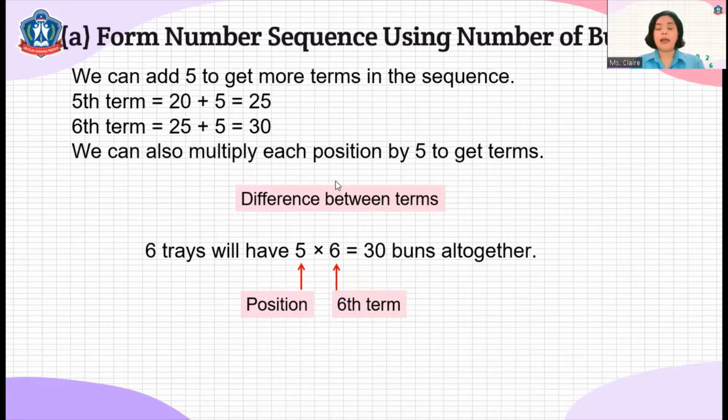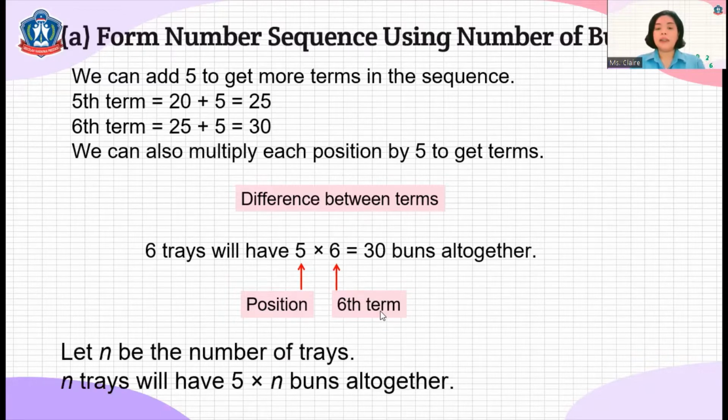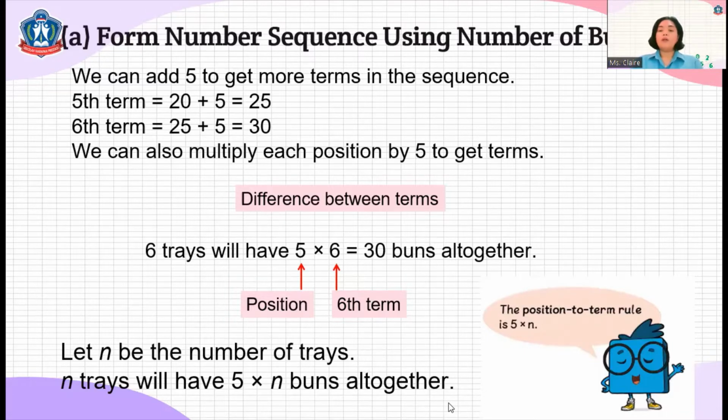We multiply 5 times 6 and we get 30 bonds altogether. So our n here is the number of trays. The number of trays multiplied by 5 bonds is equal to the total number of bonds. So our position to term rule here is 5 times n, or 5 bonds times the number of trays.